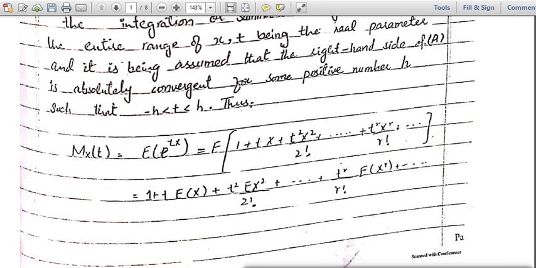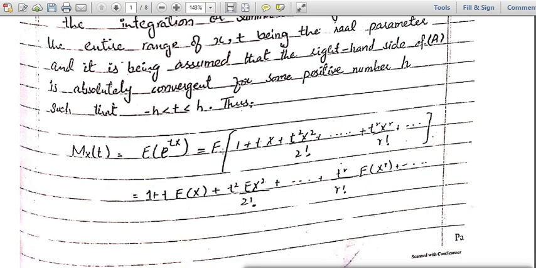And for the exponential function, e raised to the power tx, this is the series: 1 plus tx plus t squared x squared over 2 factorial, and so on, up to t to the power r, x to the power r over r factorial. Now apply the expectation inside.